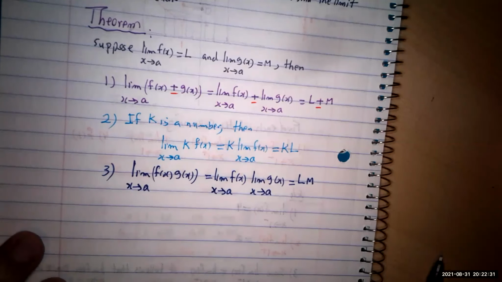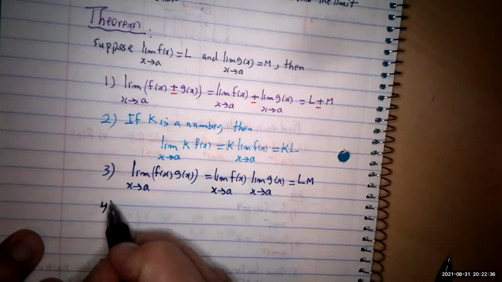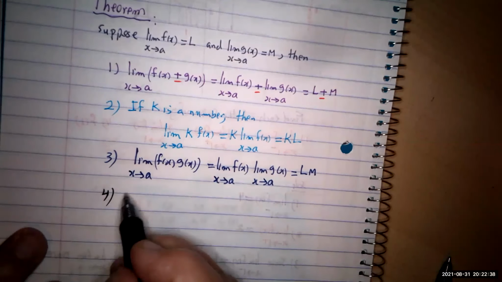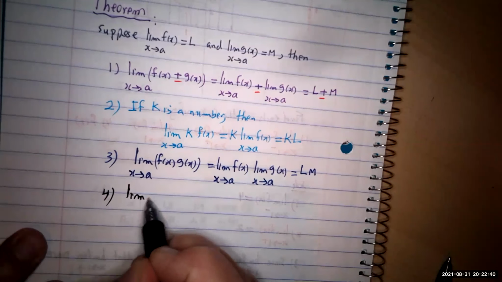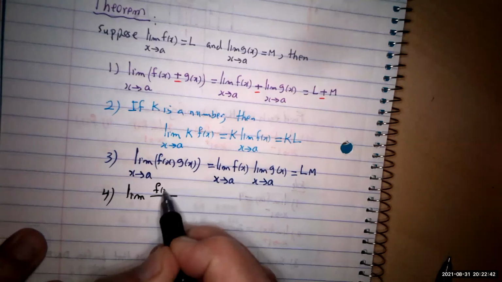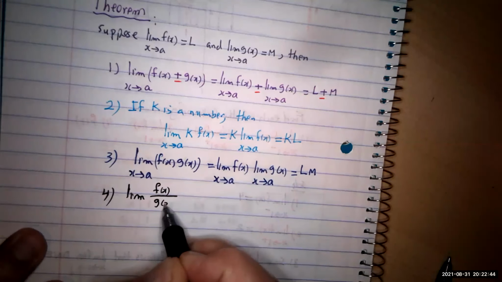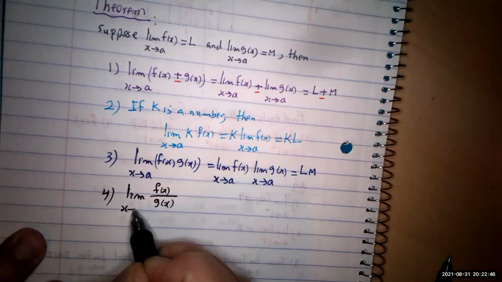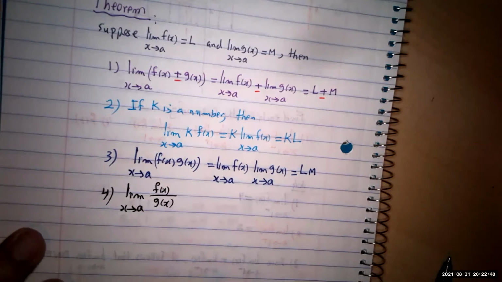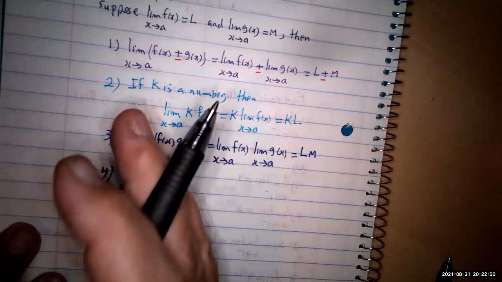What next? The division, the quotient. The limit of the quotient, f of x over g of x, when x goes to a. If you want the limit of the quotient, you go up and down.